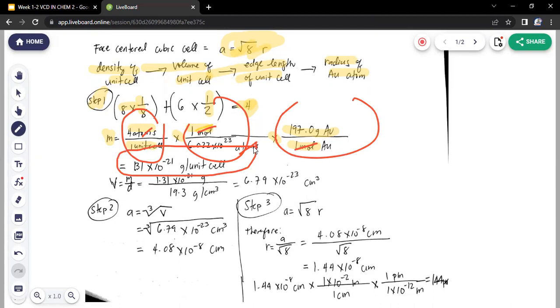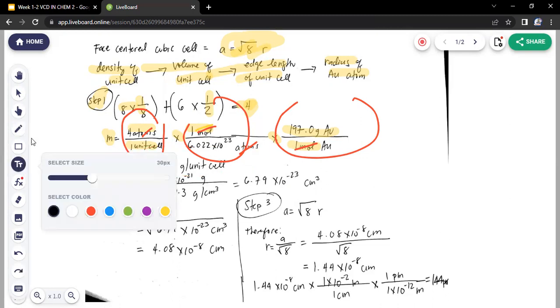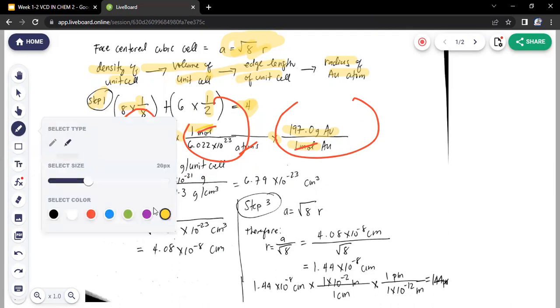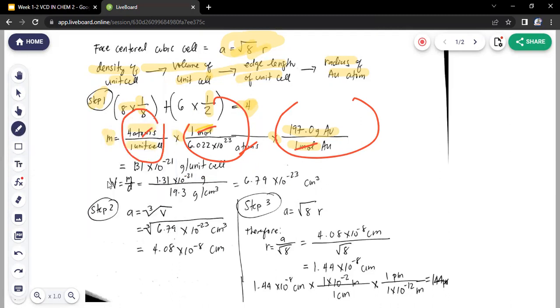Now, we already have the mass in grams, so we can now find the volume. To find the volume, volume equals mass over density. This came from density equals mass over volume, so you manipulate that formula and you will have volume equals mass over density. The mass is 1.31 times 10 raised to negative 21 grams.